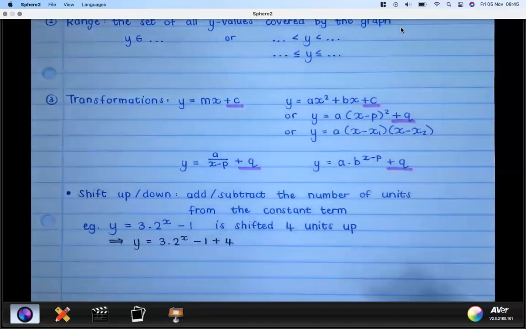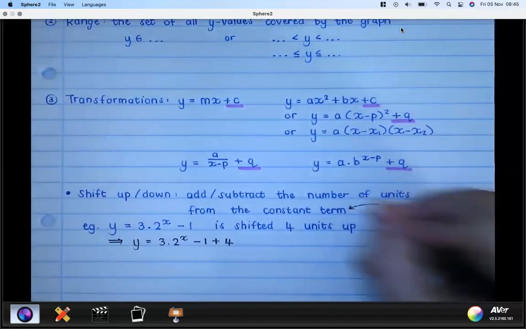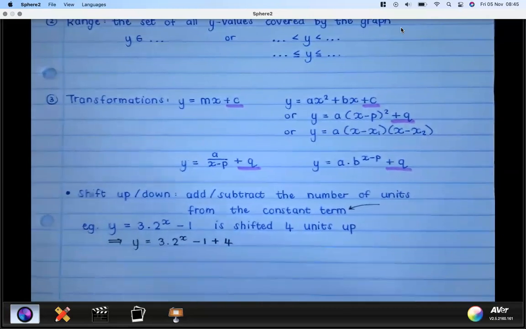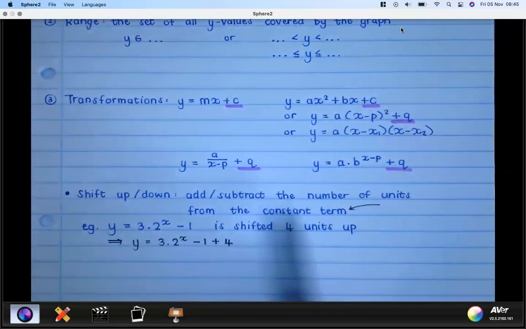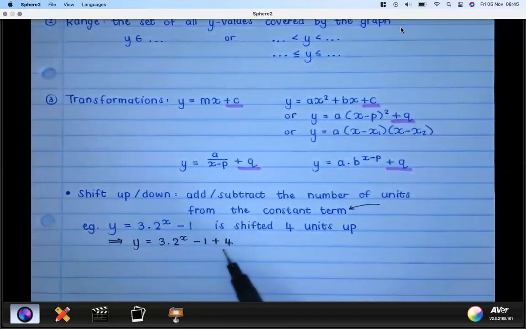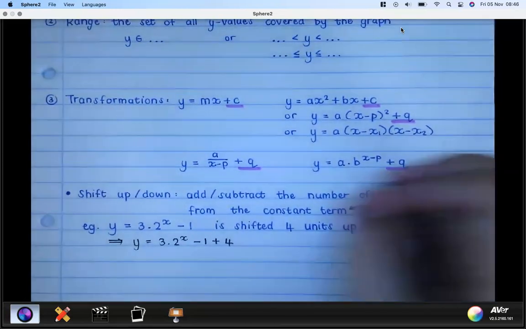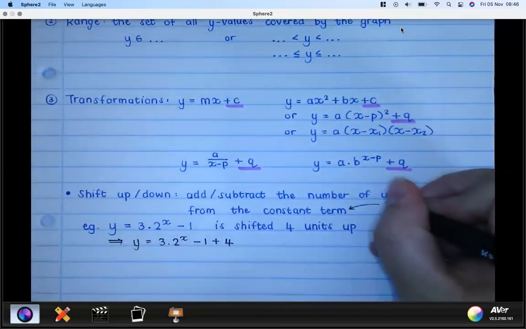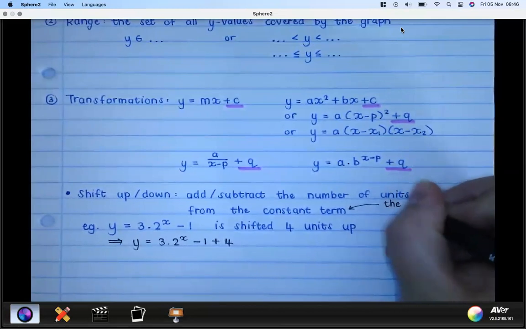So if you're looking at this, you can actually also just say that we are adding or subtracting the number of units from the whole graph, from the entire equation. But because when you're shifting up or down, you're adding or subtracting a number, that will also be a constant. So the constant term and the number of units will always be like terms. So those are the ones that you are effectively going to add or subtract. All right, so here you add or subtract the number of units from the constant term, which is basically the whole equation.